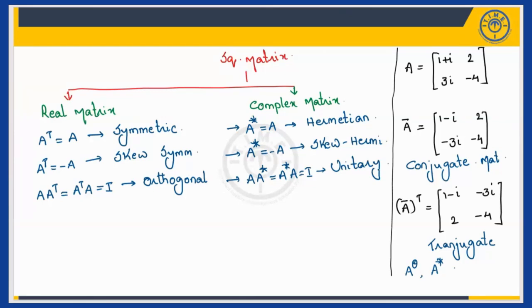And again, if A square is equal to A, then we say the matrix A is idempotent. And if A square or A to the power P is equal to O, then we say A is a nilpotent matrix.